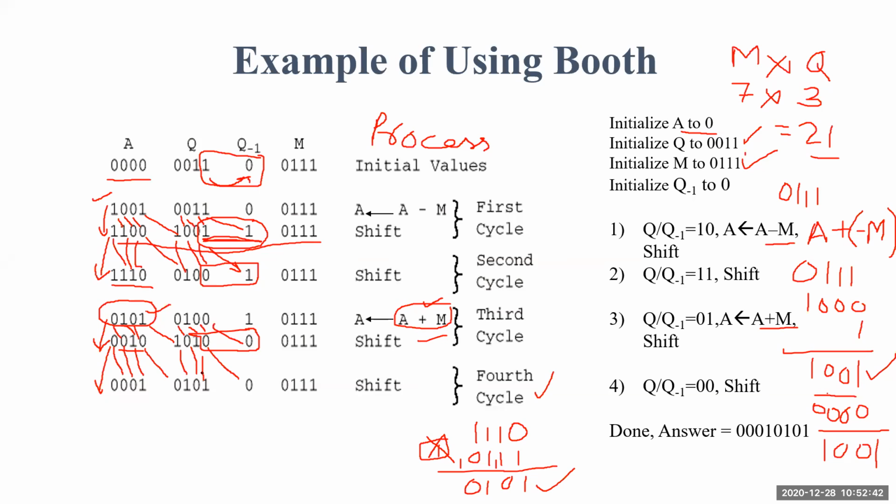So this will be your complete A and Q, this is my 8-bit number. If you put this A and Q next to each other, whatever set of bits you get will be your final answer, the answer of your multiplication.